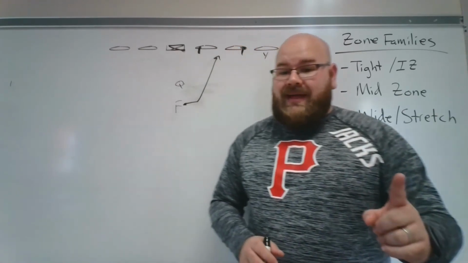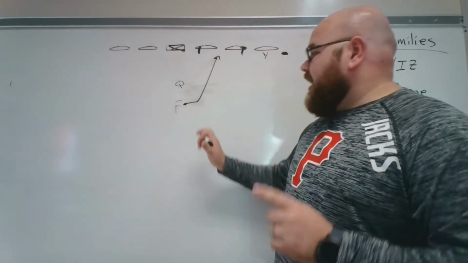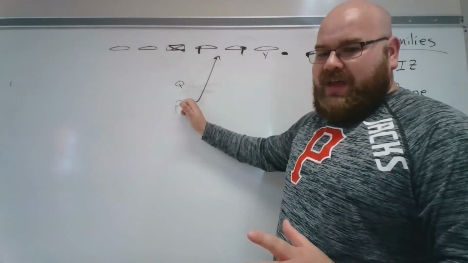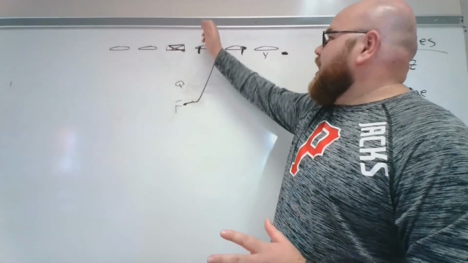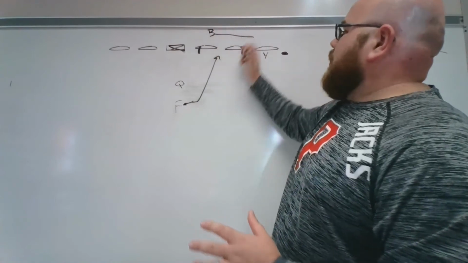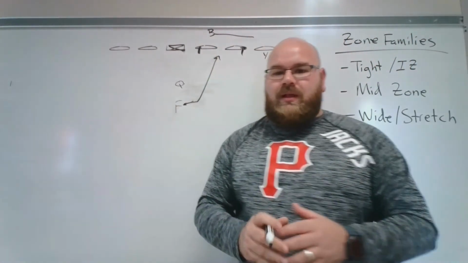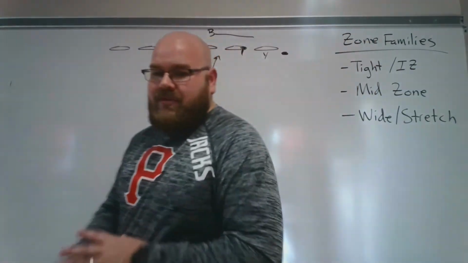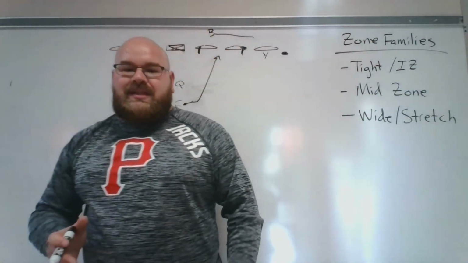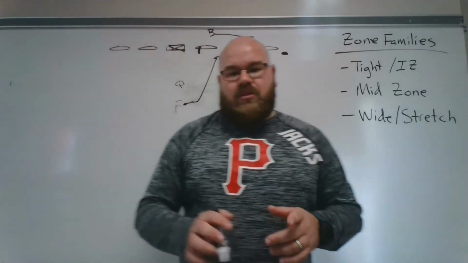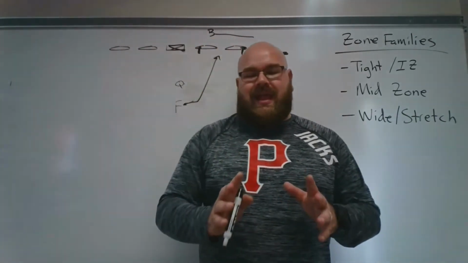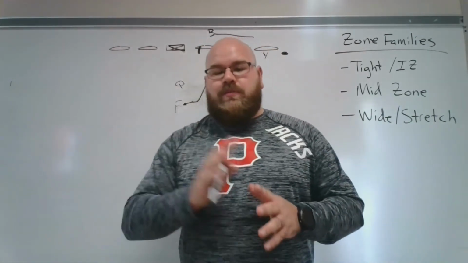Okay, but here about the mid zone, what we're trying to do is feign or fake a little bit of stretch zone and get backers to run out of there, and then it becomes kind of an inside zone. We're taking one or two steps and then we're trying to hit it downhill, more like inside zone. So this really comes in handy when we're trying to get people to overplay.